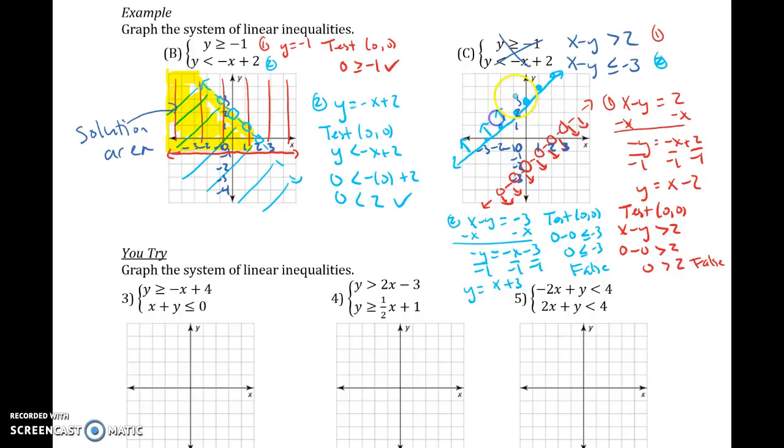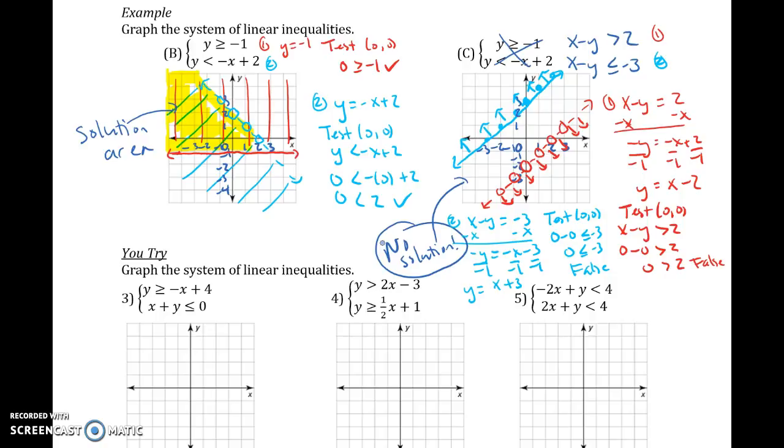And what you're going to see here is that notice how the arrows are pointing away from each other. Nothing's actually going to intersect. So this is an example of no solution. So it is perfectly okay to have something that doesn't intersect. That just means we have no solution.